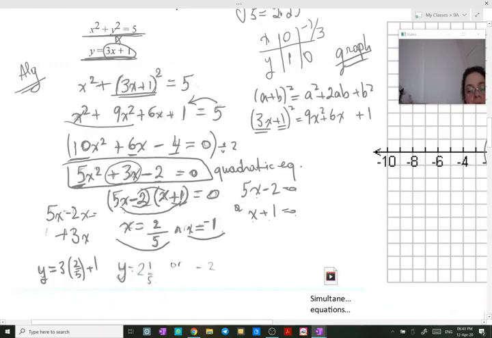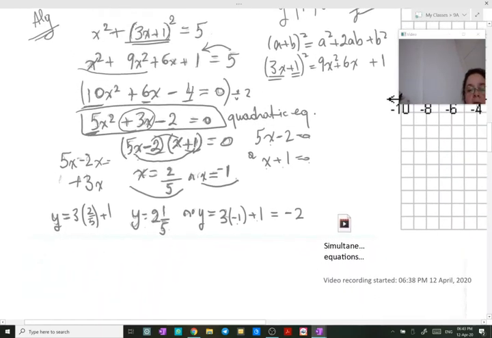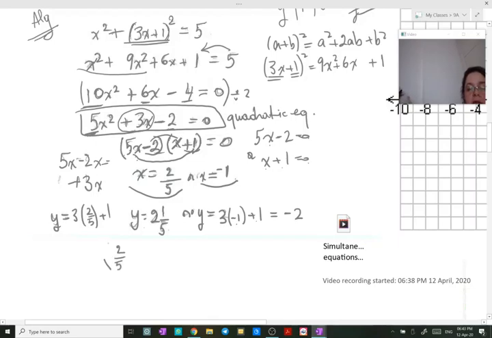So y is equal to 2 1 over 5, or y is equal to 3 times minus 1 plus 1. So this is equal to minus 3 plus 1, which is minus 2. So when x is 2 over 5, you have y is 2 1 over 5, and when x is minus 1, y is minus 2.